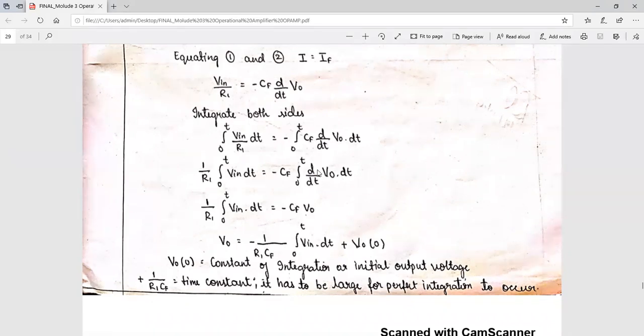Now if you see here, we have d by dt, which is the differentiation, and the integration will cancel out each other. So we will be just left with V0 into minus CF.